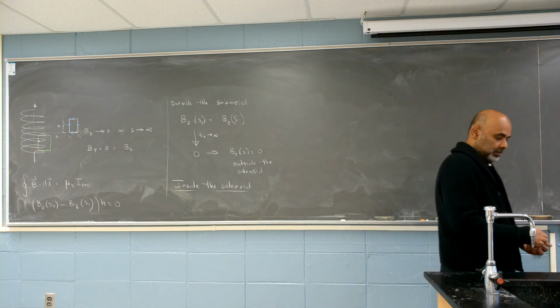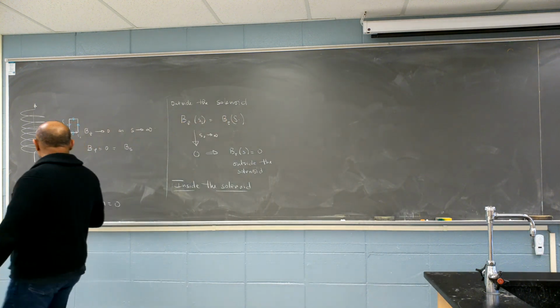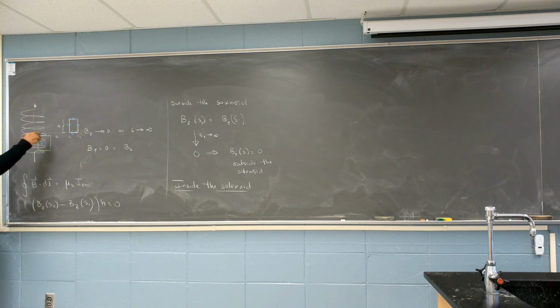And my current is flowing into the board. So this is the direction of the current. That means I have to integrate this way for Stokes' law, because the current is flowing in.